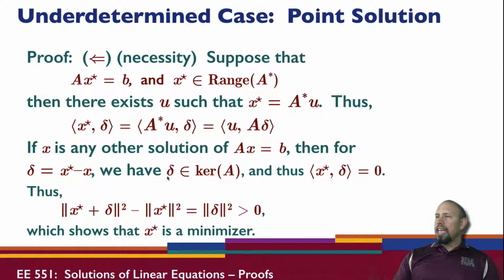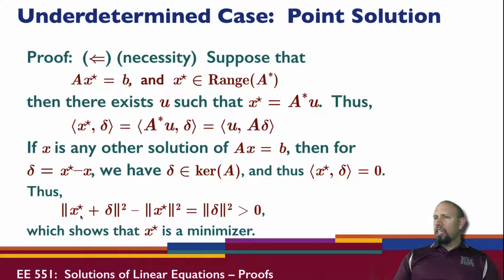And we have already seen that delta must be in the kernel of A. Whenever you have a difference in solutions, that difference, delta, must be in the kernel of A. Therefore, the inner product of x star and delta, which is u times A delta, since delta is in the kernel of A, must be equal to 0.